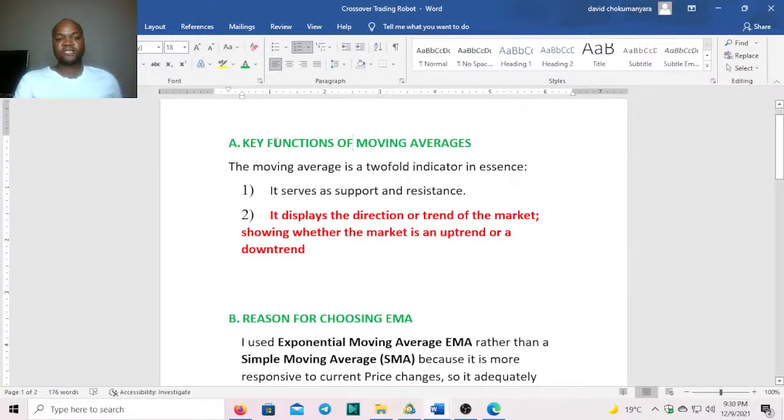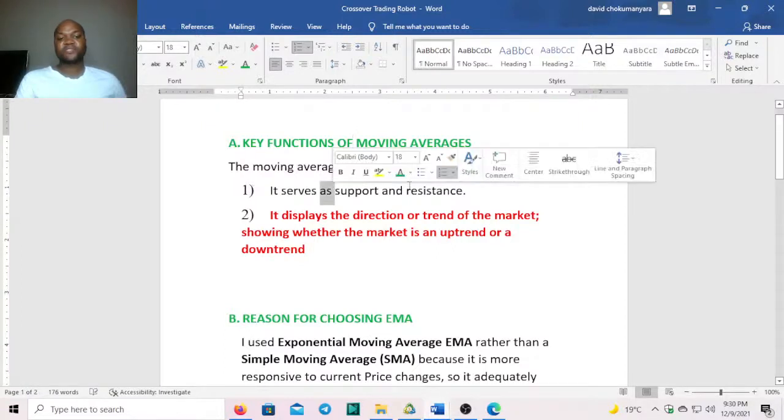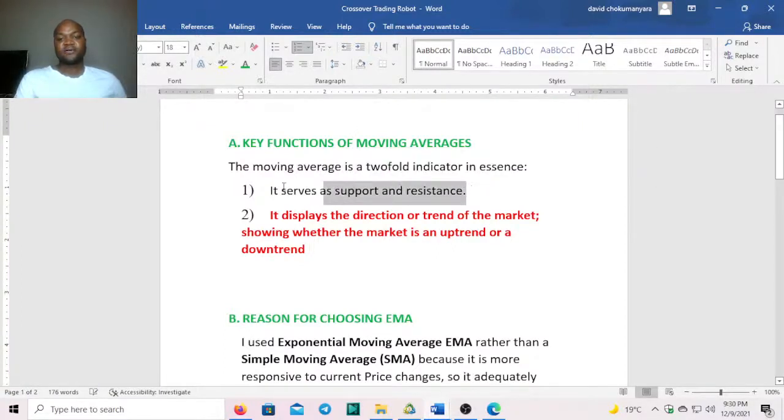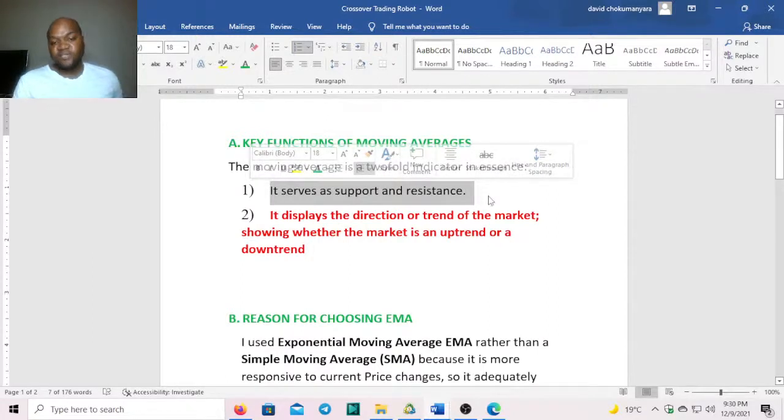Those who have been trading know this very well, that moving averages act as support and resistance, and this is very key. Support and resistance is very key, because most of the trades are made in these zones. It's a zone. So most traders will be planning their trades on these zones.